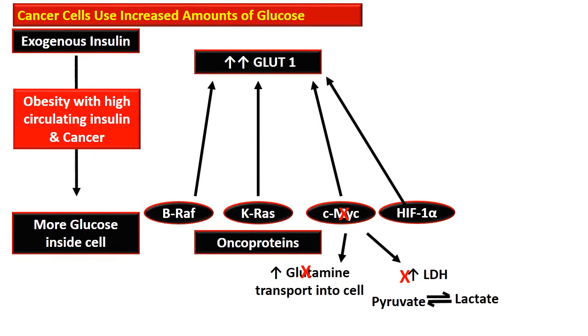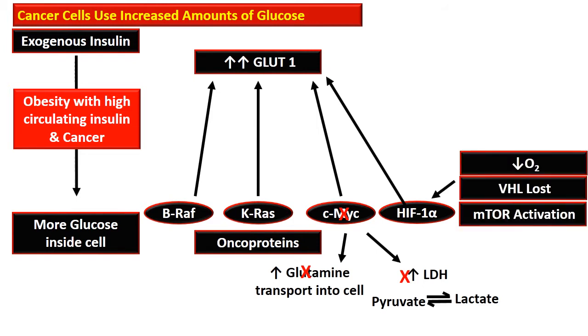Hypoxia-inducible factor is also responsible for increased expression of GLUT1, and this hypoxia-inducible factor is expressed in decreased oxygen concentration, or if the von Hippel-Lindau gene is lost, or even in the absence of hypoxia, if there is mTOR activation, this hypoxia-inducible factor will increase.